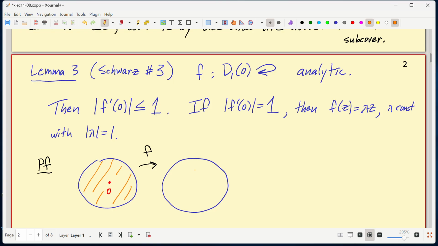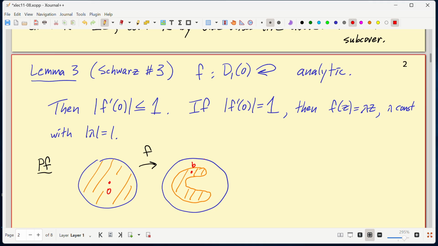And it maps into the unit disk. So it could map to a blob that looks like this maybe. And it doesn't have to map 0 to the origin. So here's B maybe. 0 gets mapped to B, let's say.